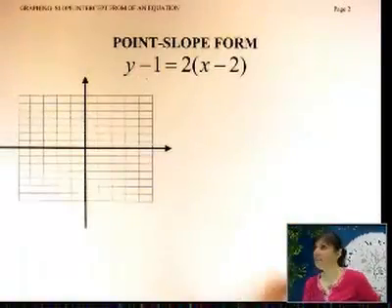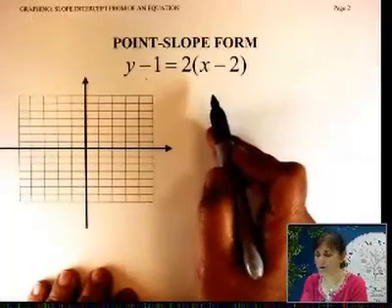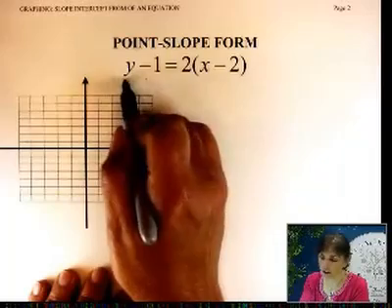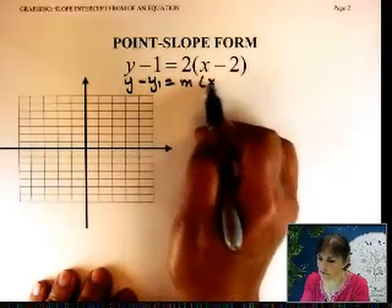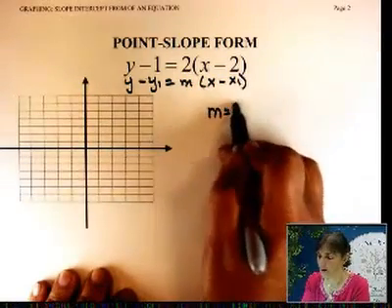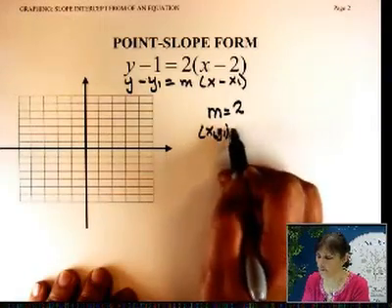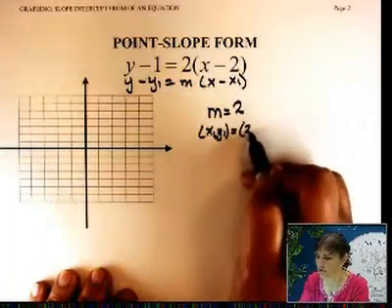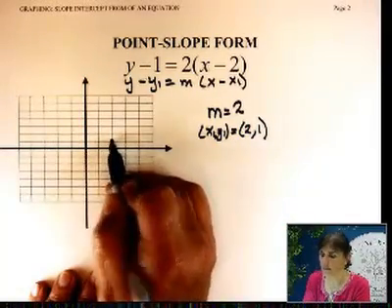Okay, let's do another one. y minus 1 equals 2 times x minus 2. Line up the formula: y minus y1, m, x minus x1. Write down what m is. Write down what x1, y1 is. x1 is 2, y1 is 1. 2, 1.